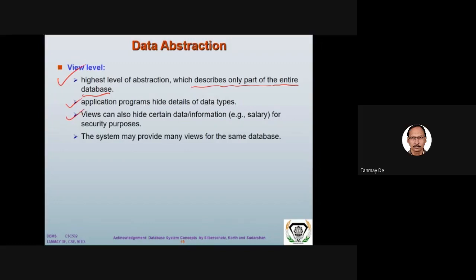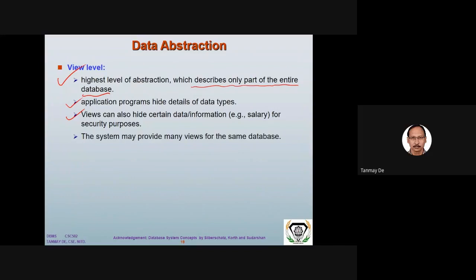And I already told you the view can also hide certain details, that is, certain data or information. For example, the salary. Suppose in a banking system, the teller can only see information about the account or account holder.